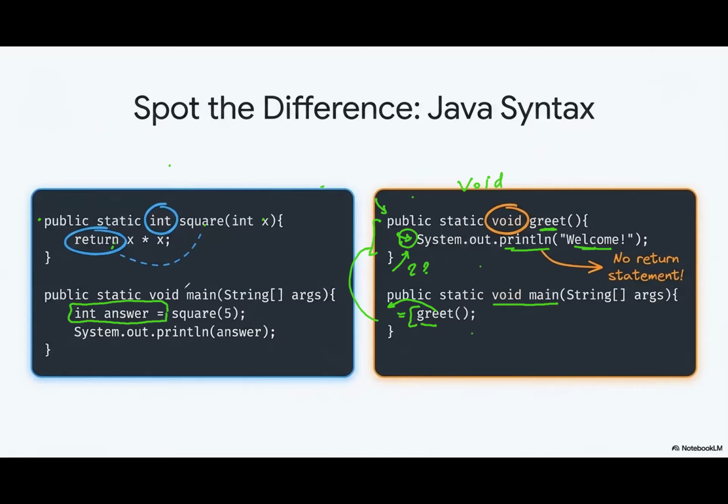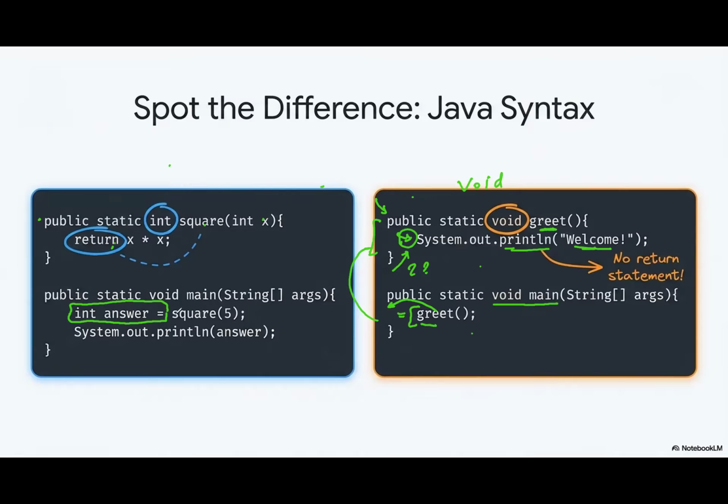So try to run and tell me, do you face an error? Yeah. Okay, why are you facing an error? Any idea? Maybe because from the start it says public static int, and now the square 5 is just like a random value.